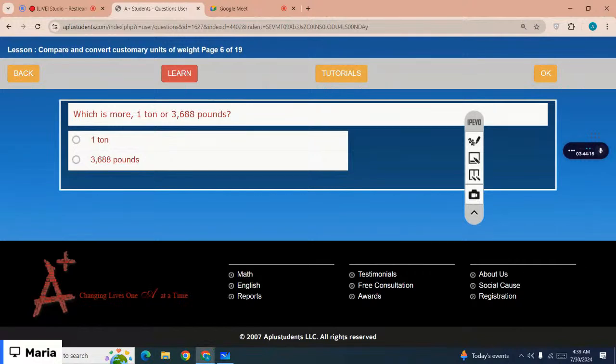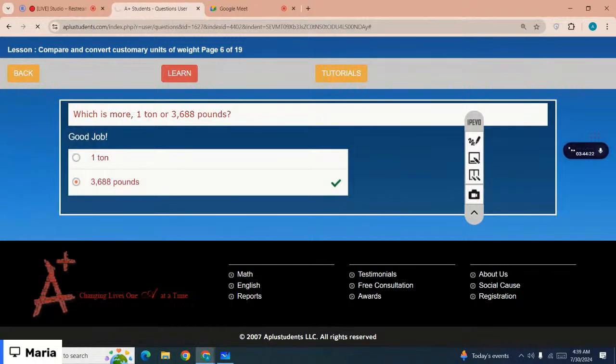That is 1 ton, right? Because in 1 ton, you have 2,000 pounds.